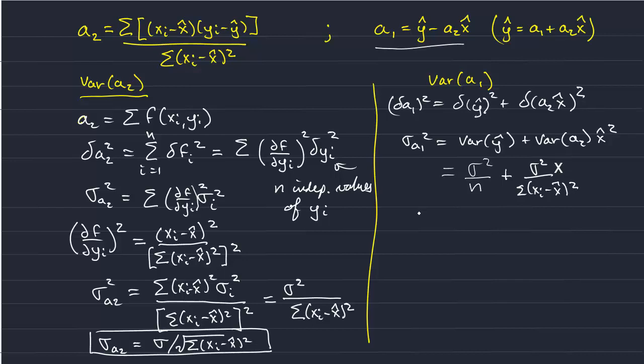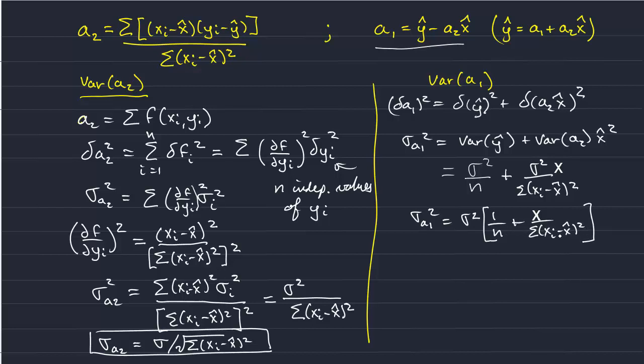And this gives the variance of A1 is equal to sigma squared times 1 over n plus 1 over the sum of the square deviation of x from its mean.